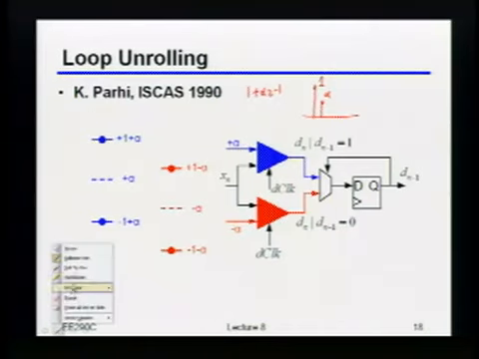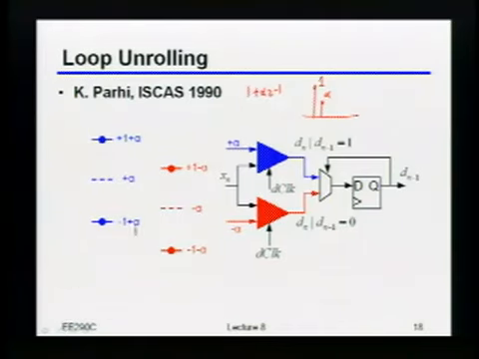So the visual mapping you're supposed to get from this picture is that if the previous bit was a 1, that's like saying that what I'm sending this bit will be shifted up by plus alpha, right? And if the previous bit was a 0, then what I'm sending this bit will be shifted down by minus alpha, right? So it should hopefully be clear that if you take these two comparators, one where you've shifted the threshold up by plus alpha, that's as if the previous bit was a 1.